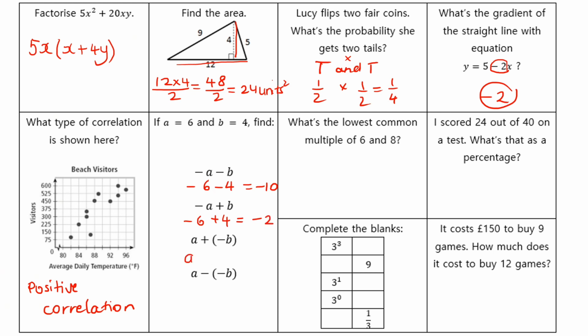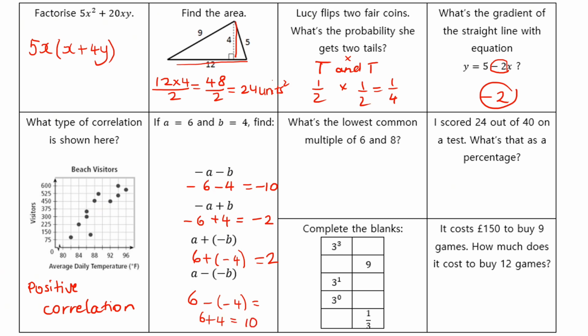A, so that's 6 plus -4. So plus -4 becomes take away 4. So that's 2 then. 6 take away 4 is 2. And then we've got 6 for A, take away -4. 2 negatives, we've got a positive there. So 6 plus 4 is what we are looking for. So that's going to be 10.